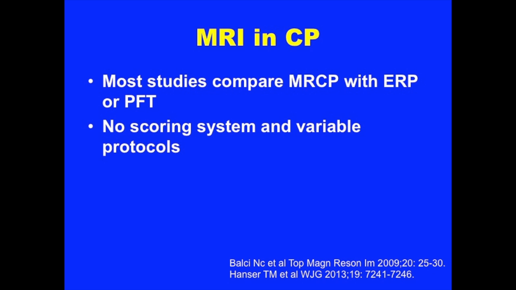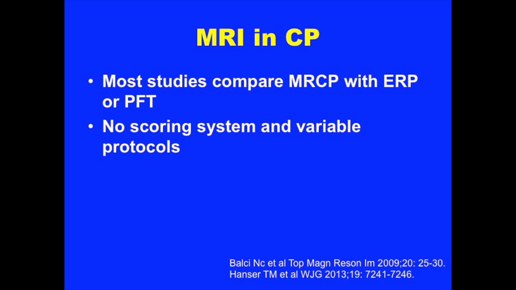Most of the studies in MRI have been done comparing MRCP with pancreatograms, with ductal abnormalities at the time of secretin MRCP versus ERCP, and or pancreatic function testing. There are very few studies that, if you read through them, actually compare EUS and MRI.